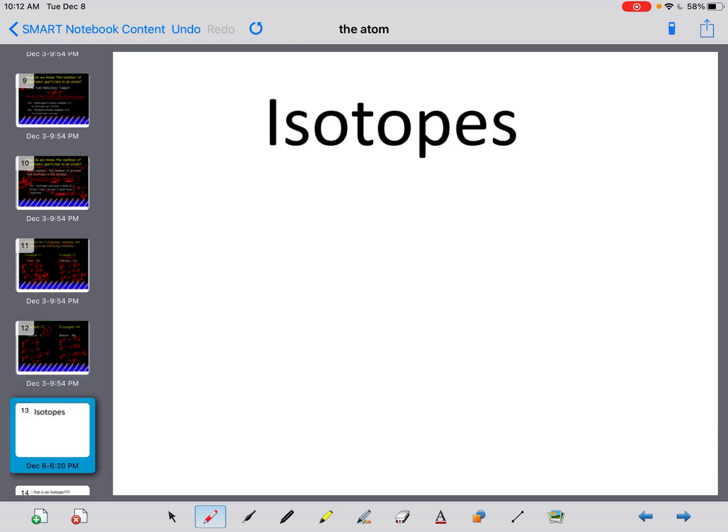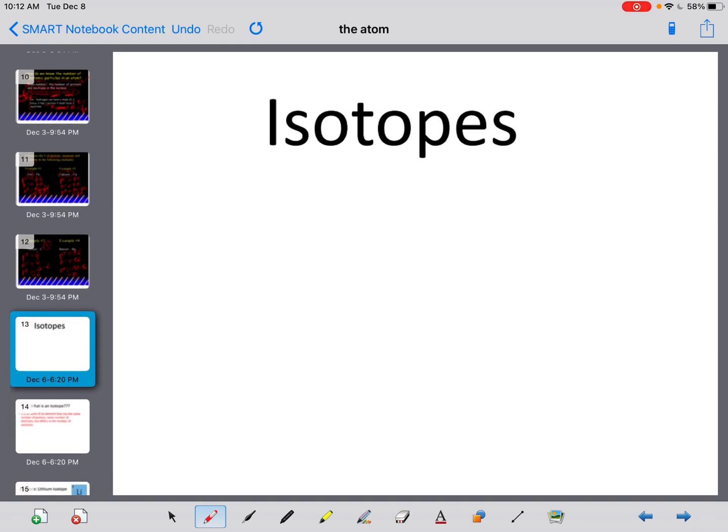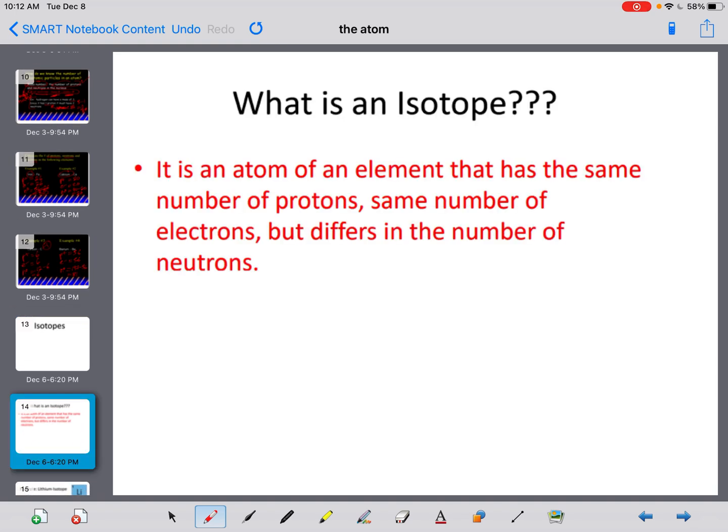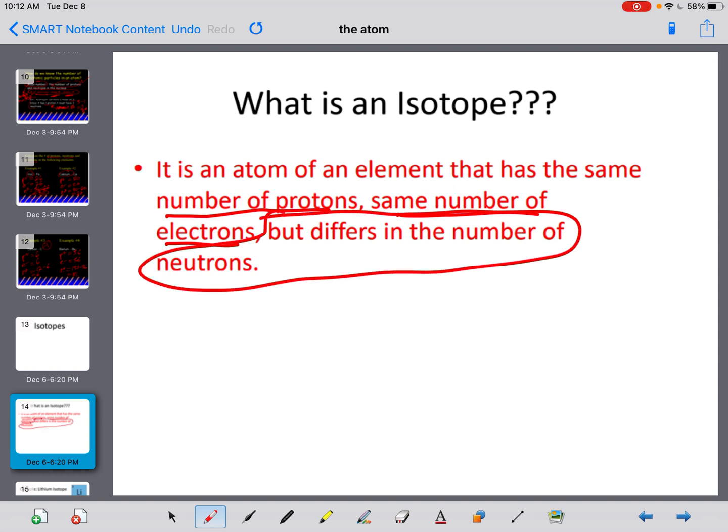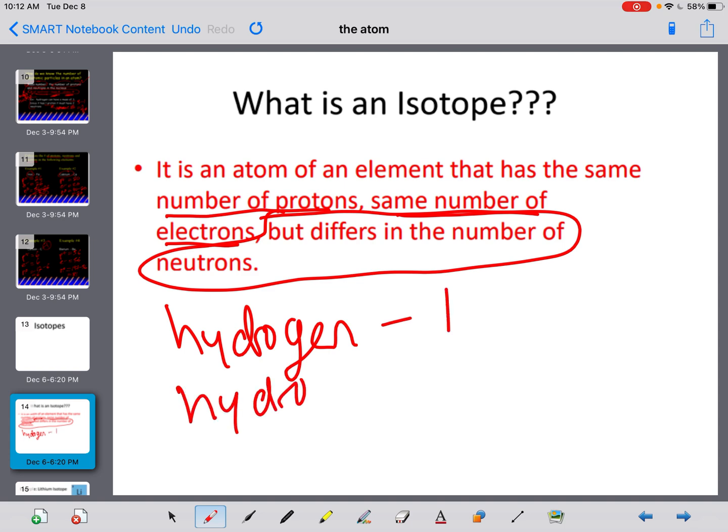Okay. Now, isotopes I've already mentioned to you, but essentially what an isotope is, it's an atom of an element that has the same number of protons and the same number of electrons, but what can happen is the number of neutrons can be different. As I mentioned before, just for an example, hydrogen can have a mass number of 1 or 2 or 3.